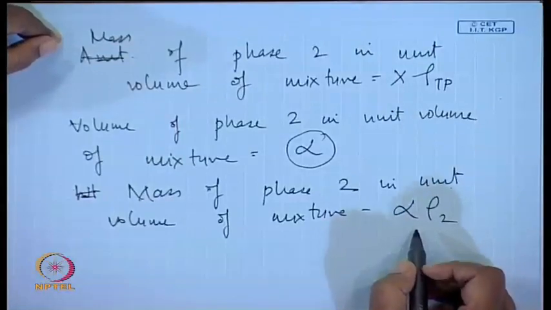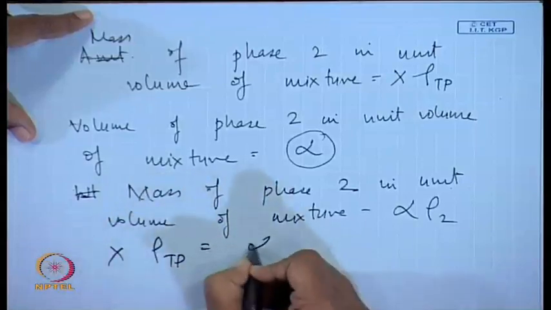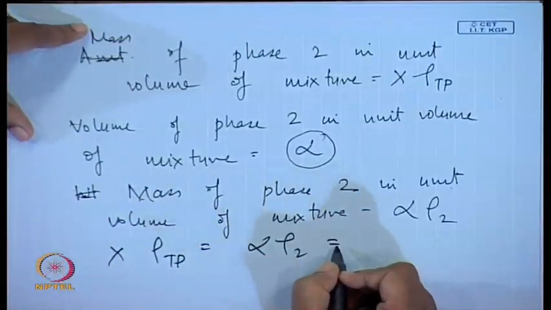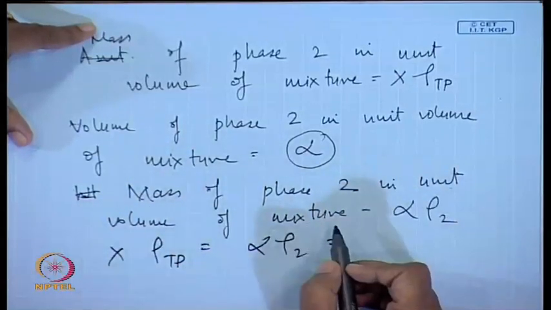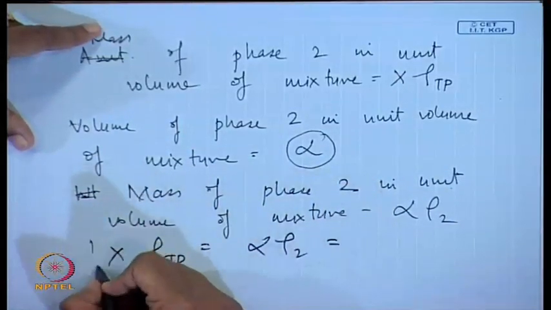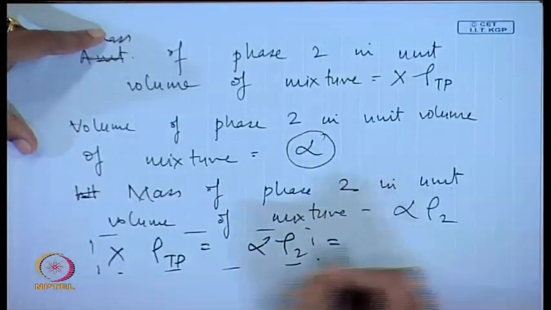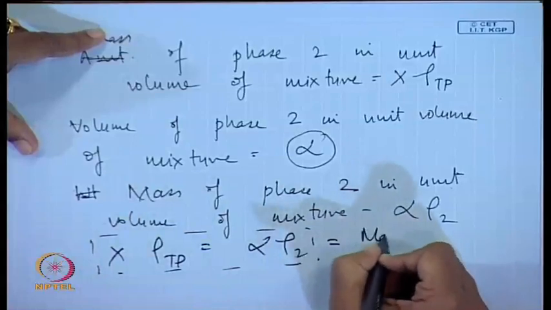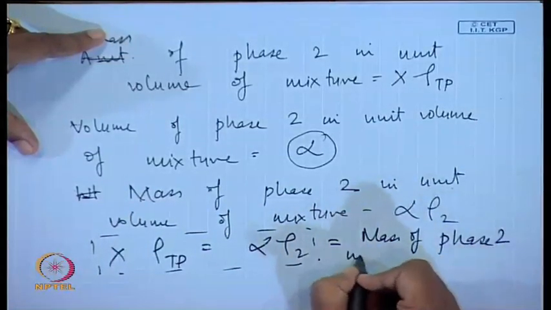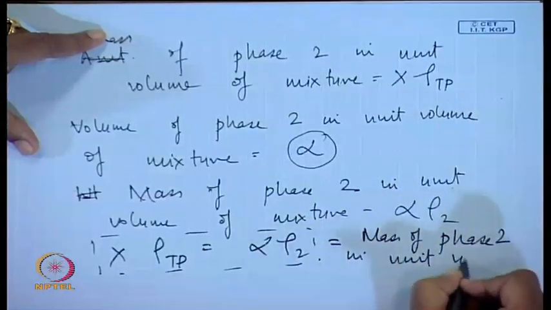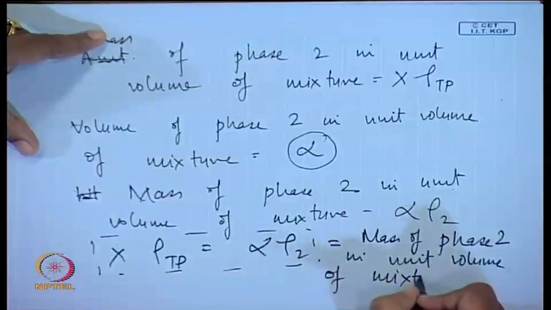Do you get my point? Because both of these, x rho Tp and alpha rho 2, signify the mass of phase 2 in unit volume of mixture. This particular relation is very, very important. It will help you to solve several problems. So, these are equal and they are equal to the mass of phase 2 in unit volume of mixture.